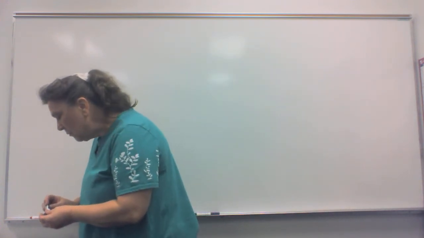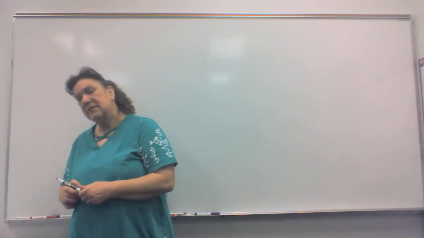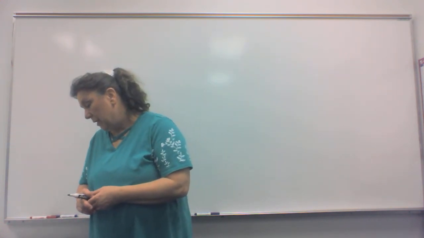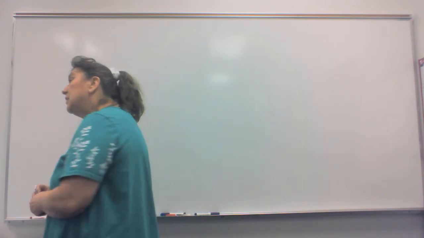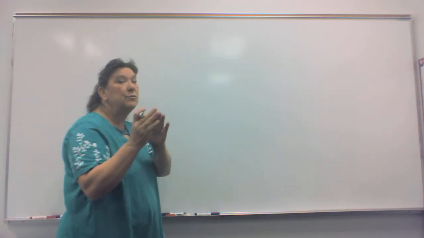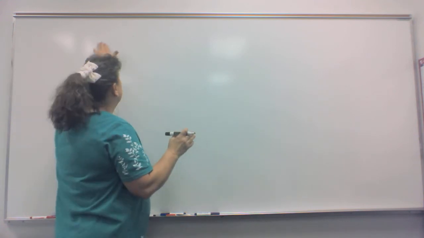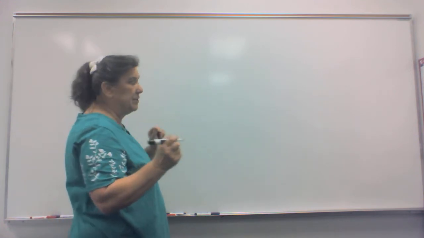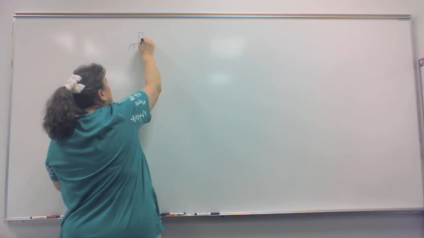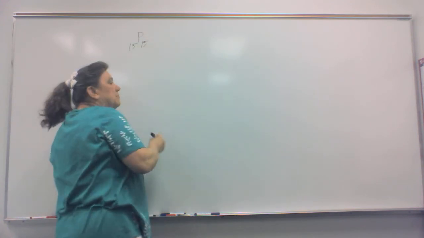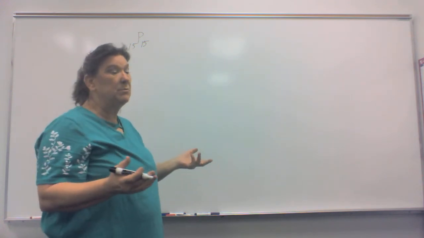How many different ways to arrange the contestants in a talent show? There are 15 contestants. So again, the order in which they're placed is important because every order is different. So therefore, we're looking at permutations 15, and we're choosing 15 because all 15 have to be placed.